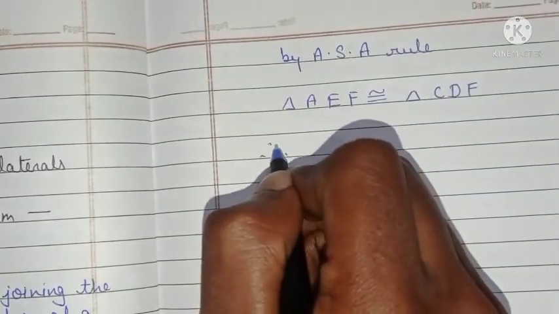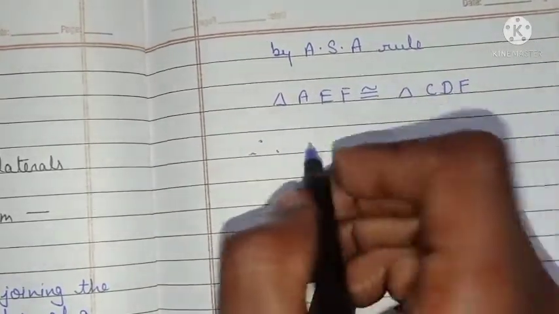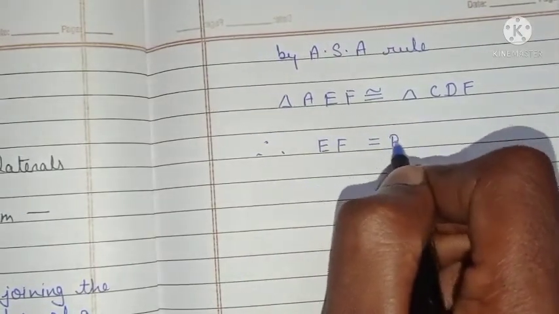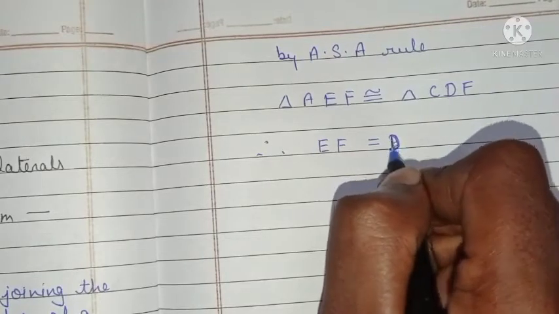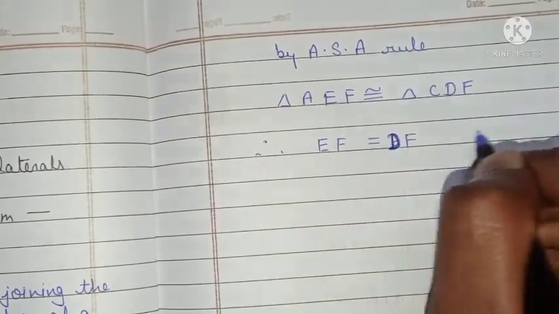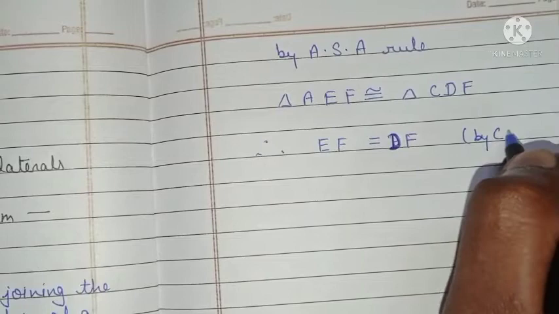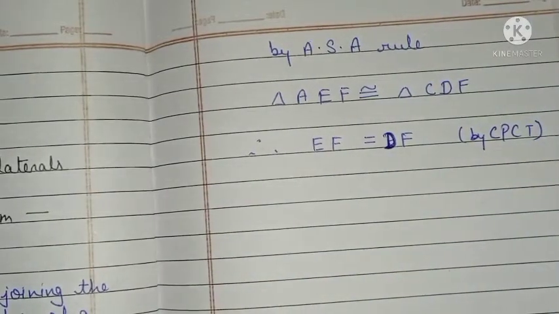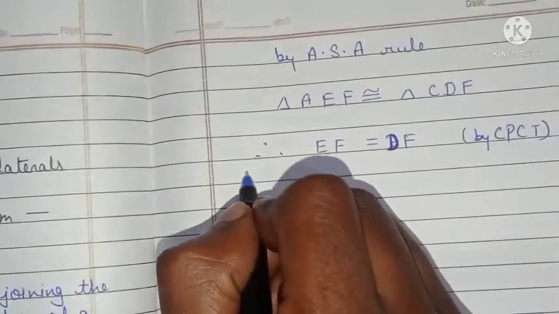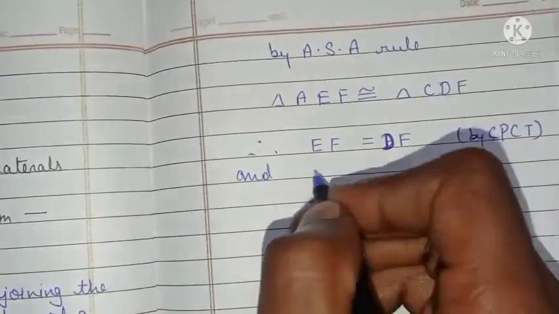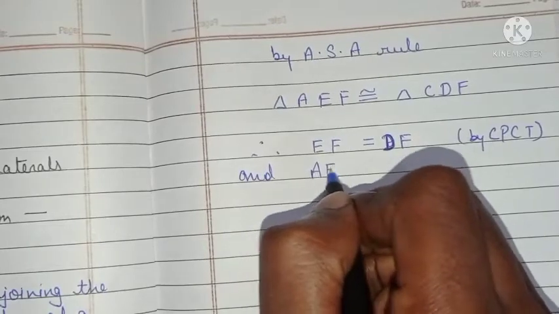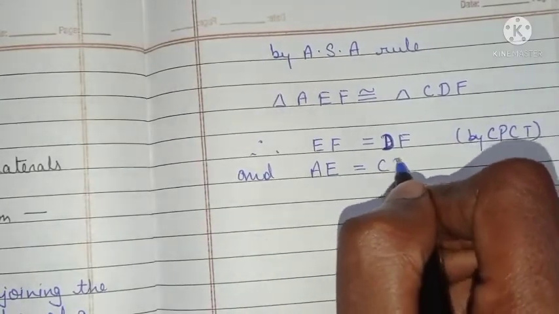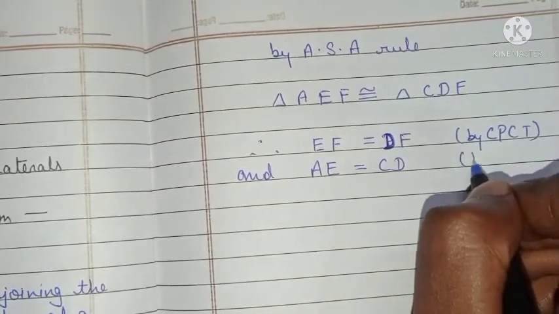Hence EF equals DF by corresponding parts of congruent triangles, CPCT. And AE equals CD by CPCT.